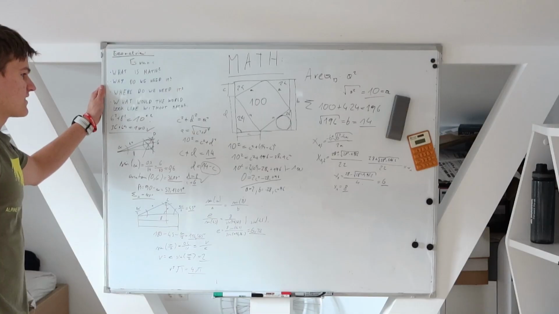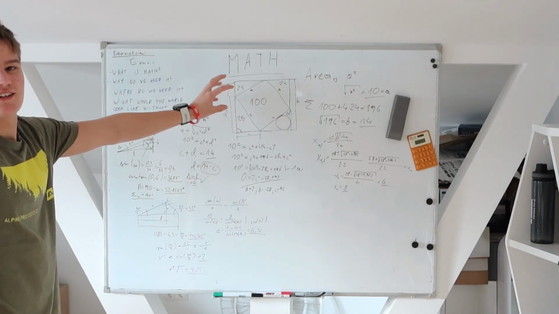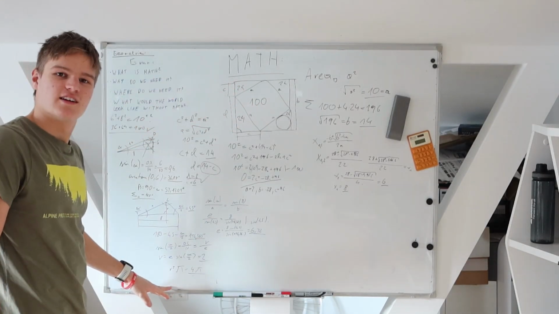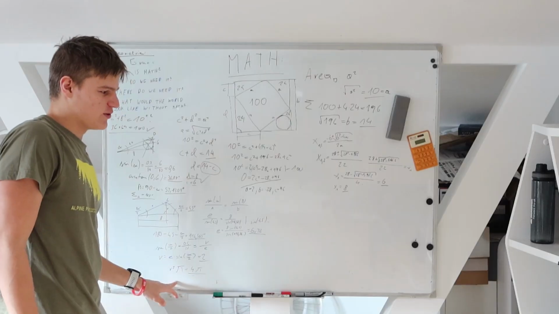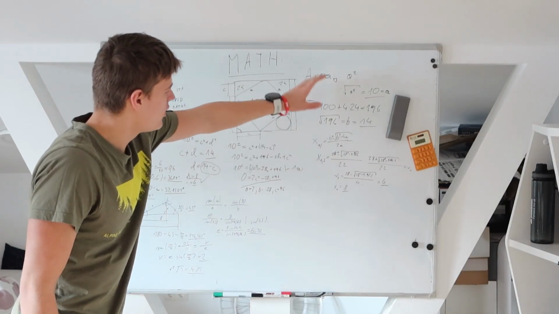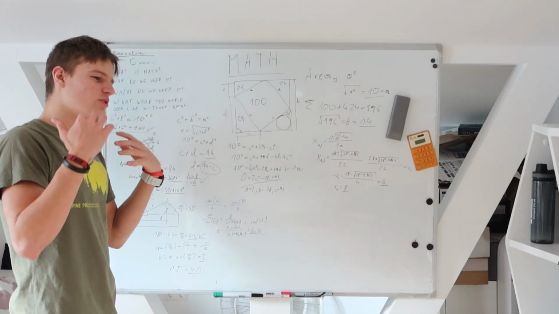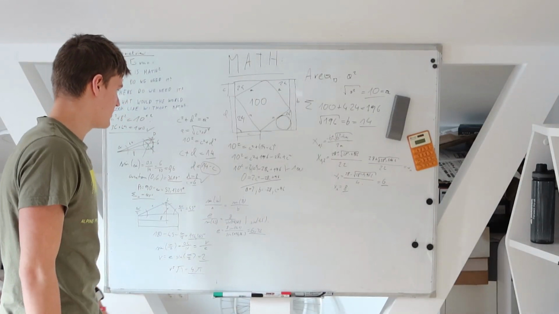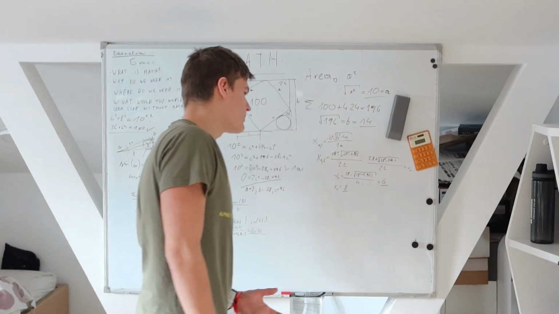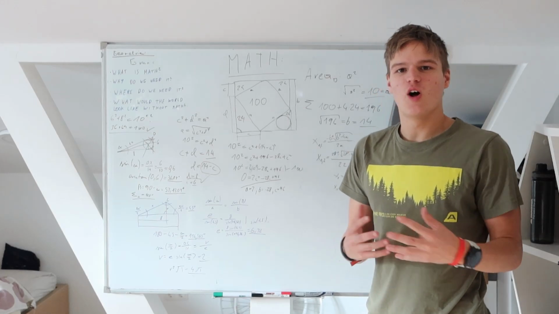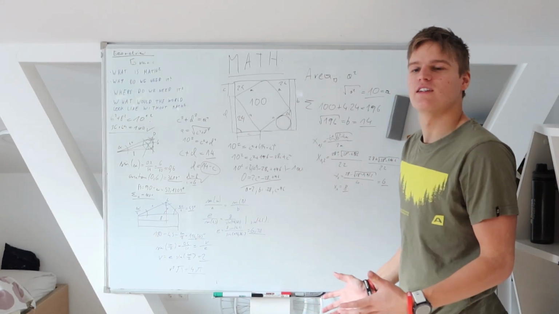So, going from this to this is why I think that math is beautiful. Because you just have to think a little bit, but then it's a nice problem which you can solve all by yourself just by looking at it.